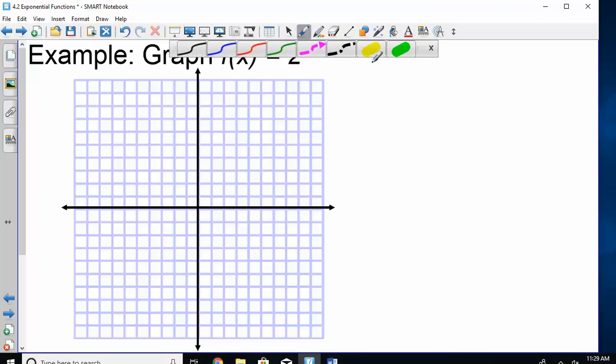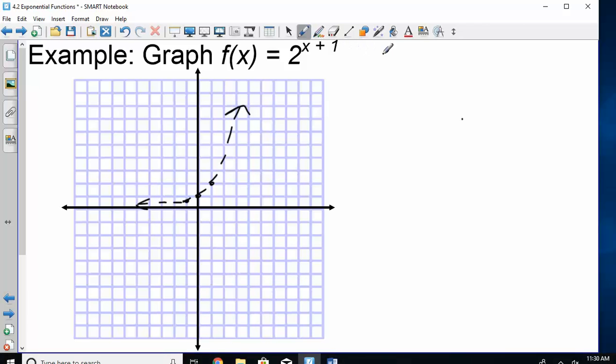If your parent function is 2 to the x, what points are on your graph? -1, 1/2, 0, 1, and 1, 2. I will look to make sure you have those exact points.